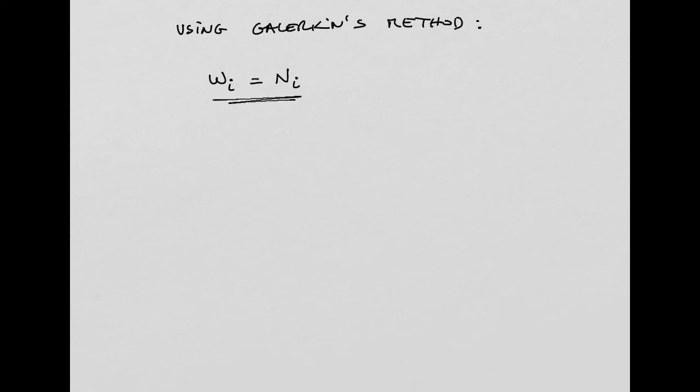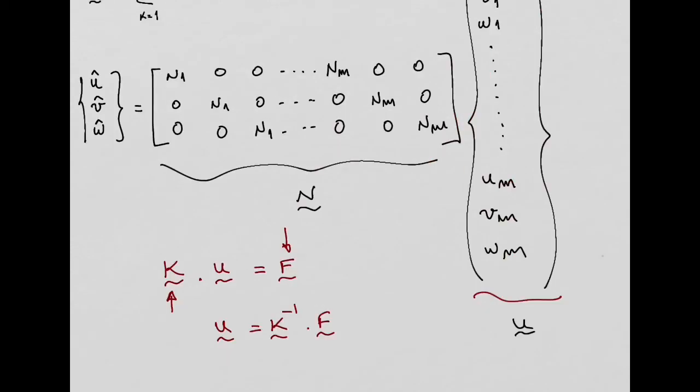This leads to a very important characteristic. I don't know if you still remember, but you can check in the videos on YouTube that the resulting stiffness matrix, this matrix K, is going to be symmetric.